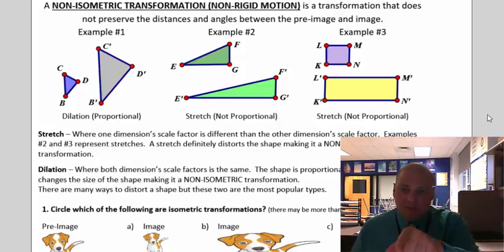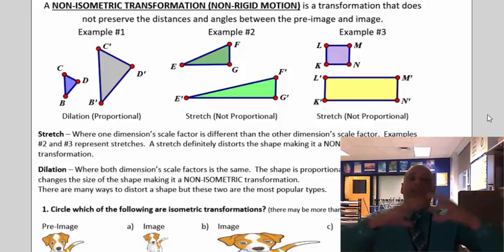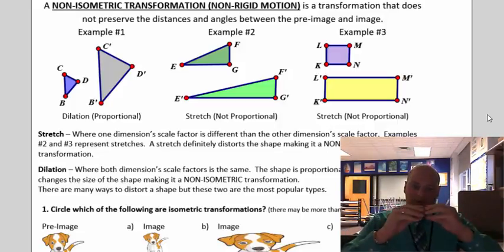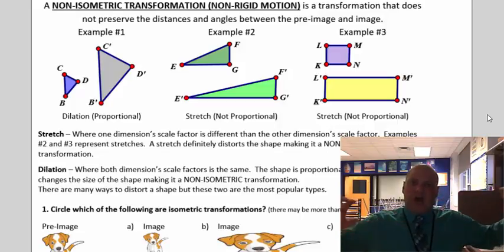If you look at example 1, purple to gray, it got bigger. The size changed. Non-isometric, non-rigid. Got it? In the second one, the size changed because it was stretched out. That small triangle got stretched out. That's a stretch. That is non-isometric. That is not rigid.